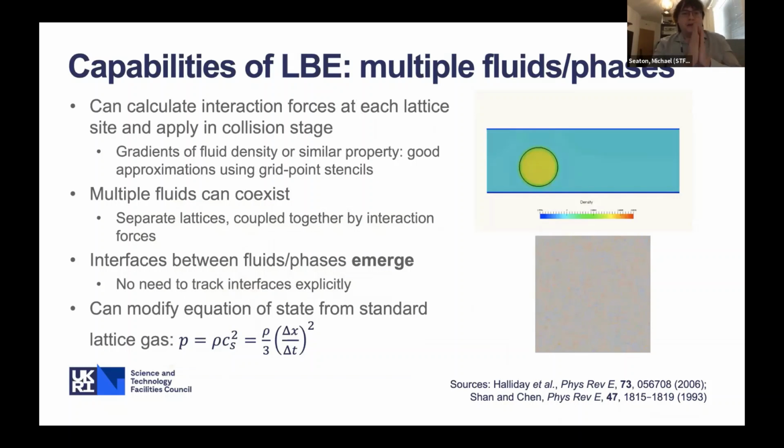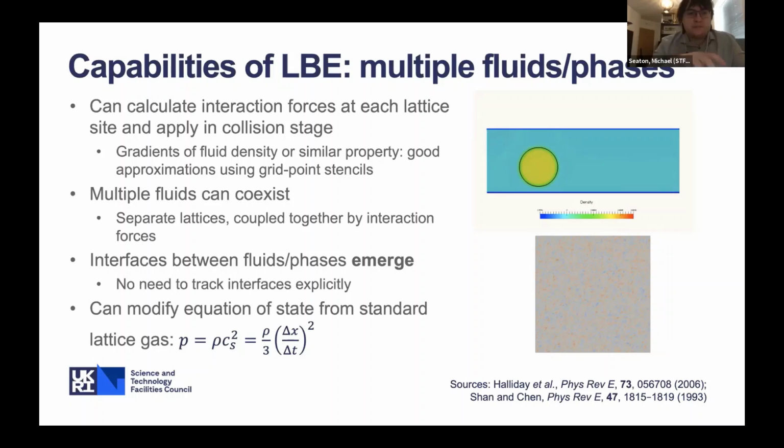Okay, another big feature of Lattice Boltzmann is that it can model multiple fluids and phases pretty easily. The way it works is that we calculate interaction forces at each lattice site and apply those forces in the collisions.